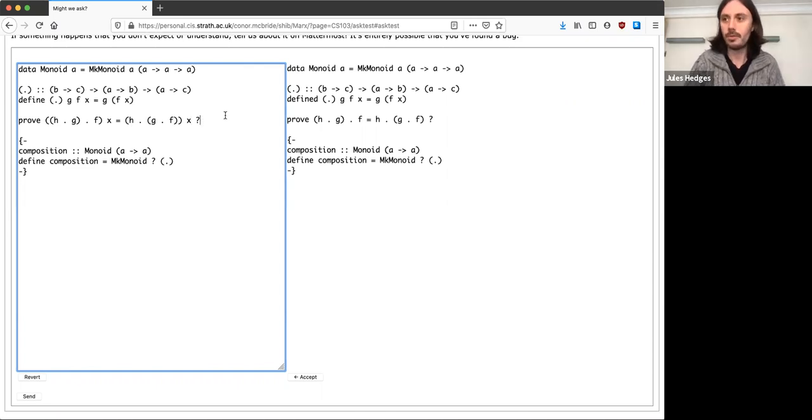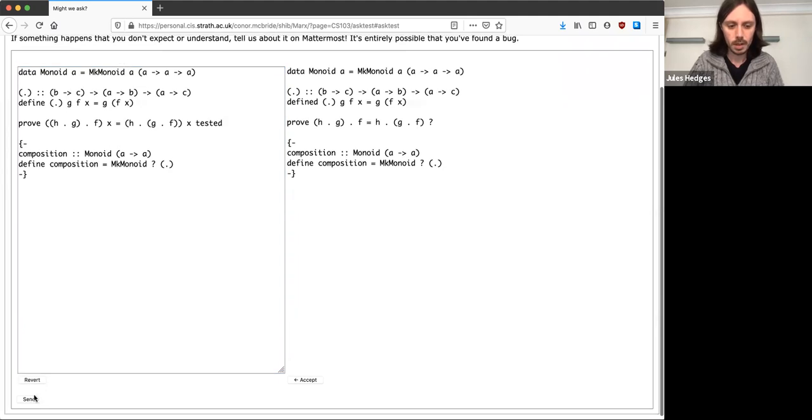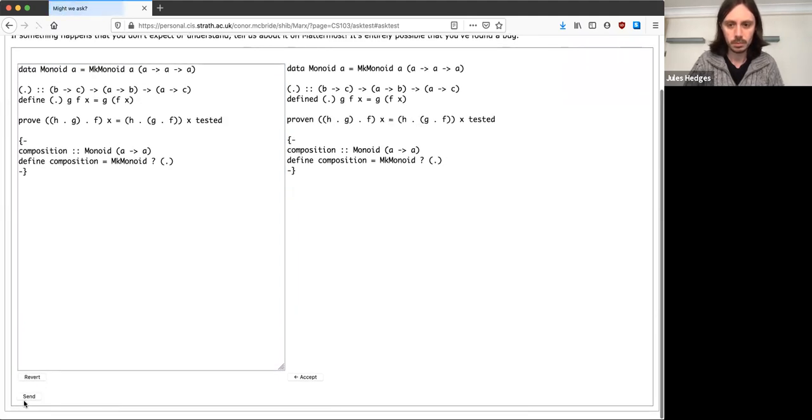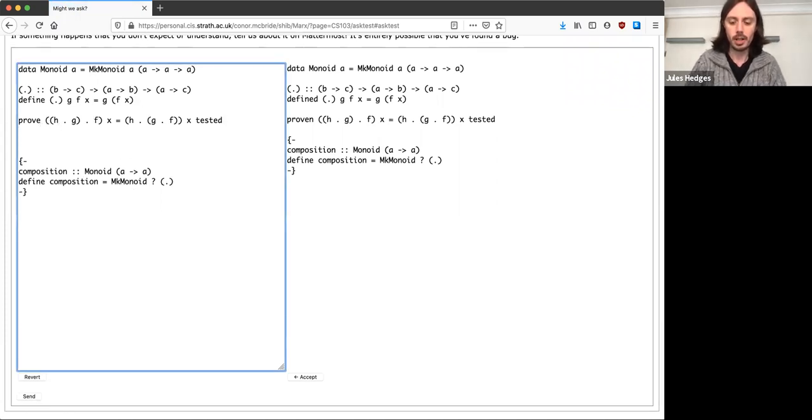And in fact, I can prove this in one line using tested. The reason this works is that when Ask runs each side of this equation, they both give h of g of f of x, like this.